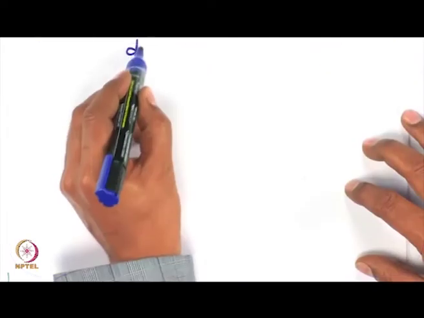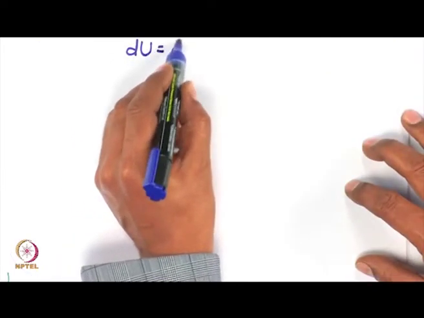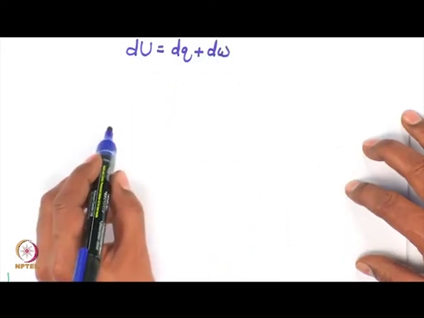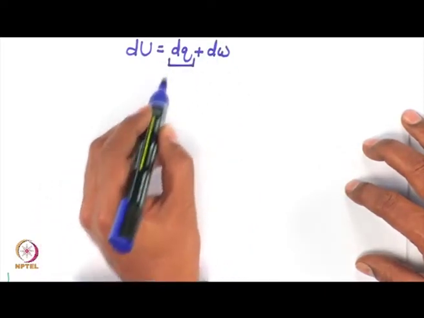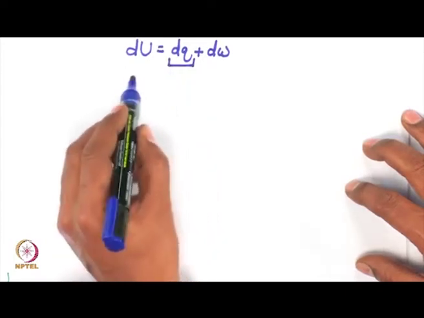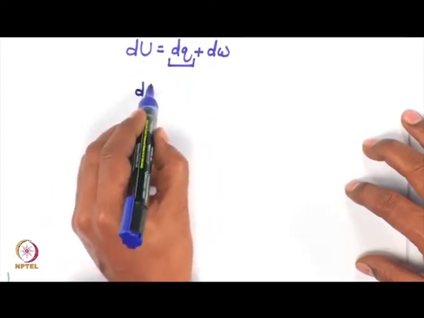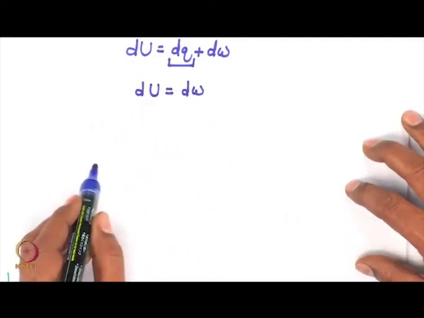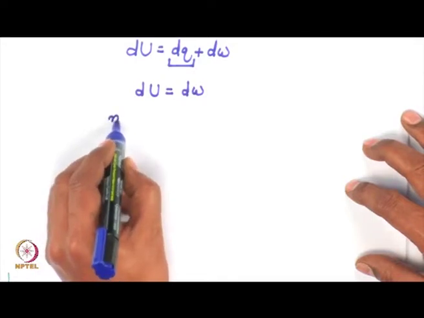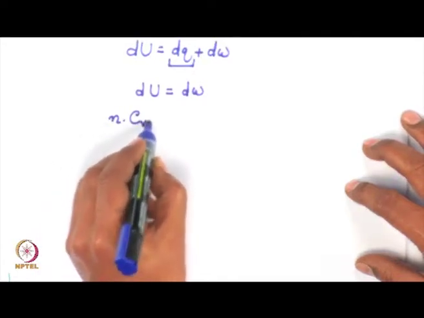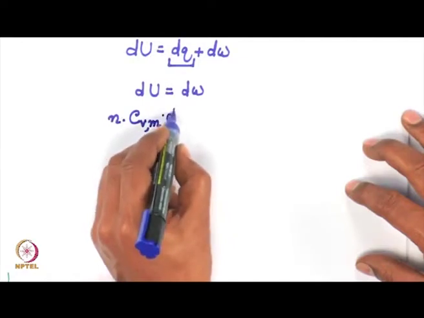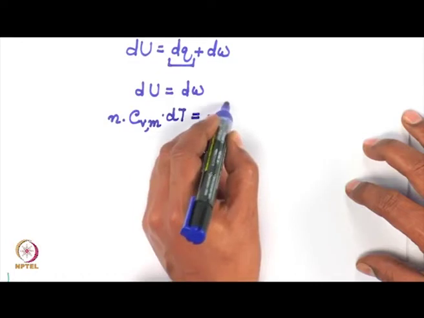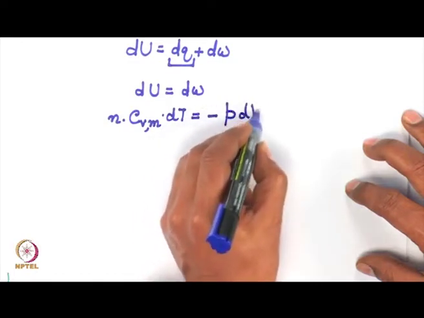Once again, dU is equal to dq plus dw, and since we are talking about adiabatic changes, dq is equal to 0. So, I have dU is equal to dw, and dU is n times CVm times dT, and dw is equal to minus P dV.